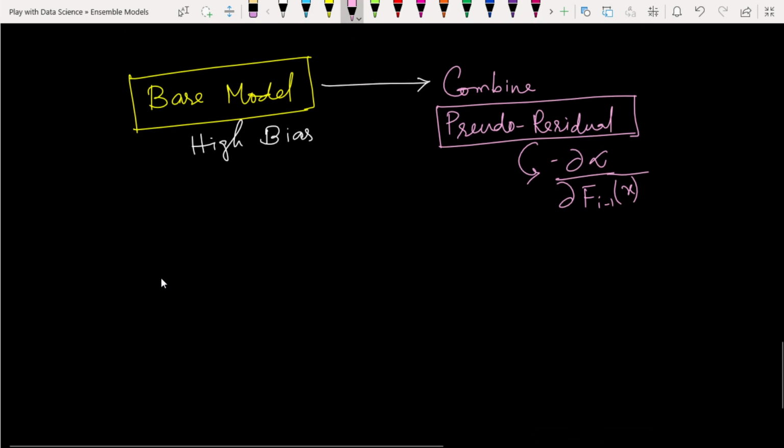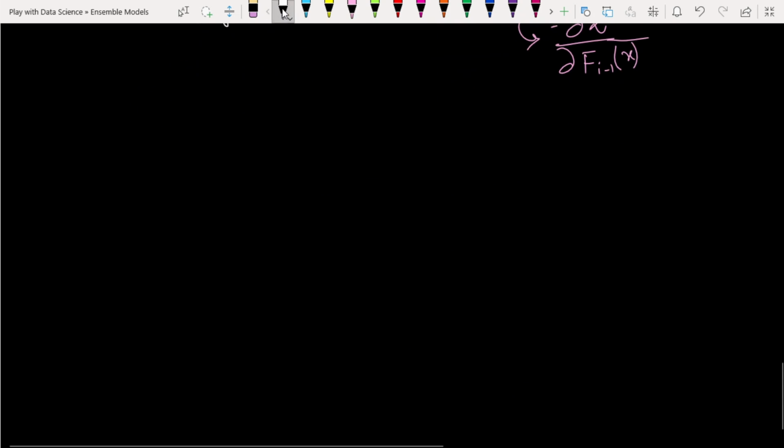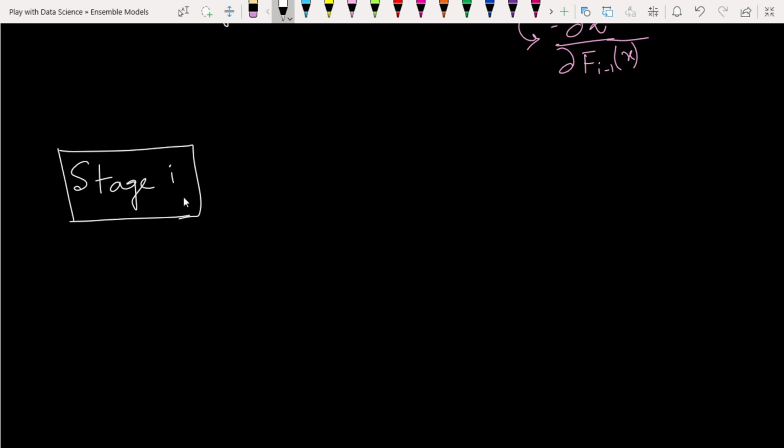To conclude this lecture, what are we doing in stage i? At the end of stage i minus 1 we have the model f_{i-1}(x), and by using this model we build the model for stage i.